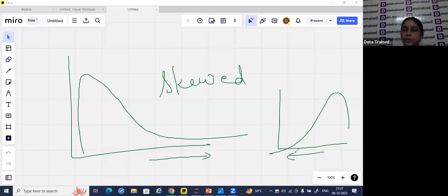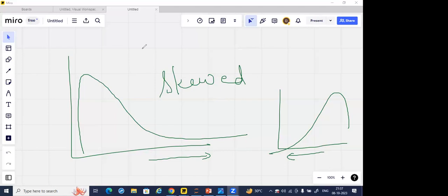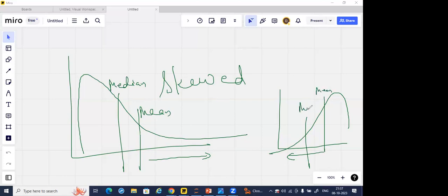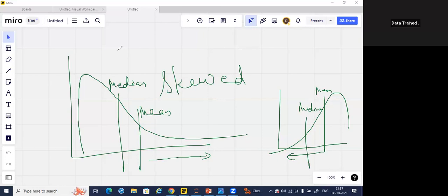These say that whenever there is skewness, the data are not normally spread, they are one-sided data. In the right-side distribution, mean is greater than median, and in the left-side tail distribution, mean is less than median.